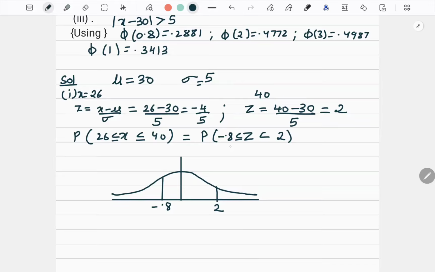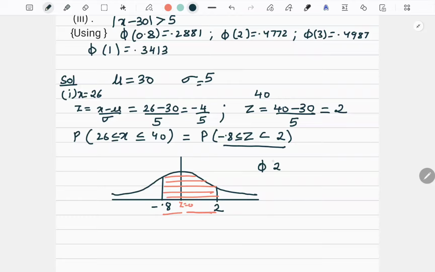I want the probability for z between this range, which means I need to figure out this area. So what is this area? As I told you, you always have to calculate from z equal to 0. So this plus this. How much is this? This is nothing but phi of 2. And what is this area? This is phi of minus 0.8.